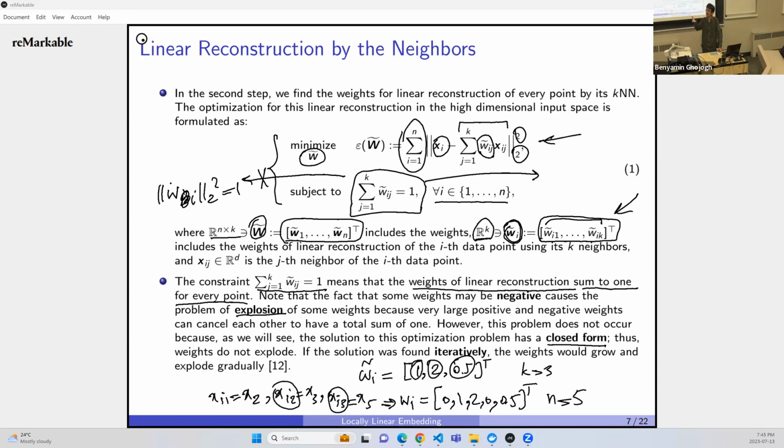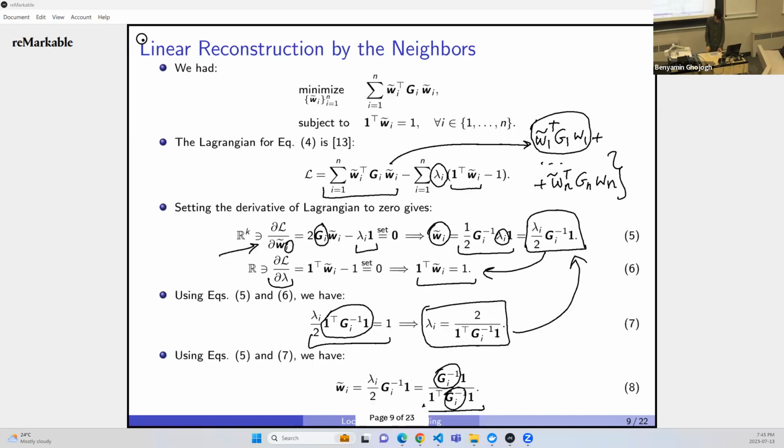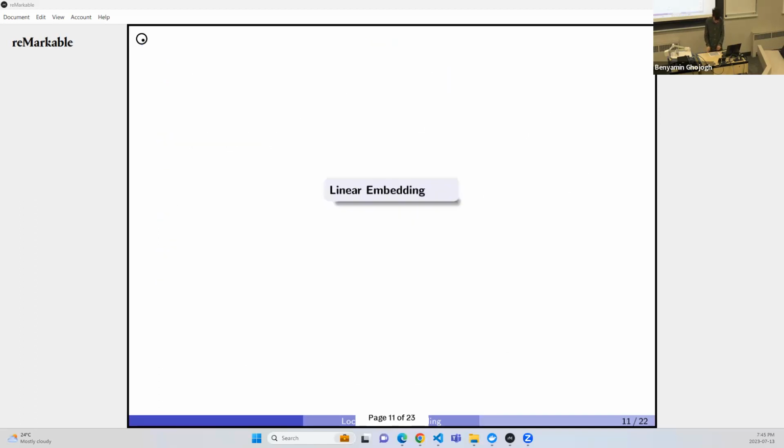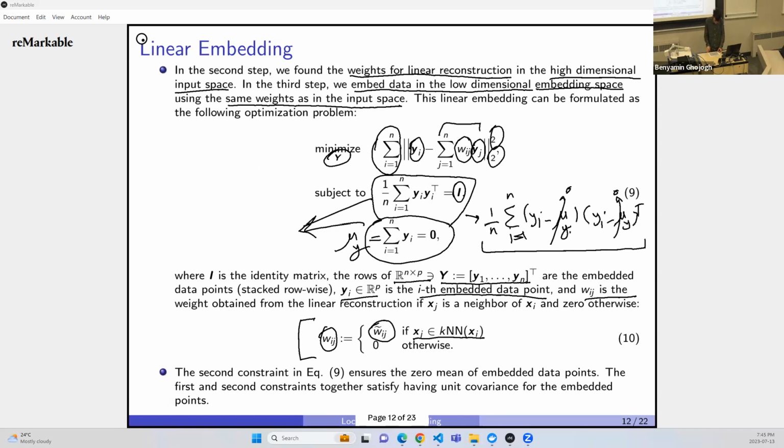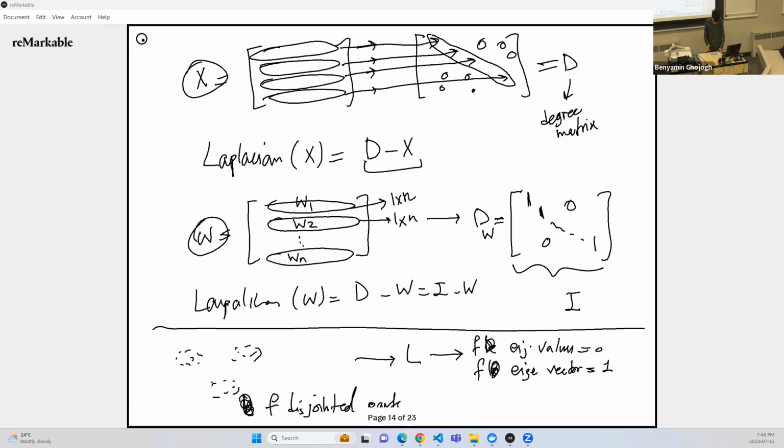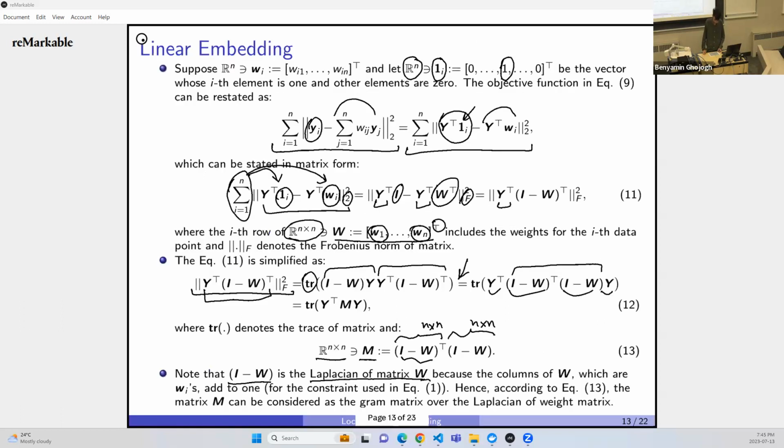I have a connected graph. How many parts does this graph have? One part, right? If I use this lemma, how many eigenvalues are 0? Therefore, for W, in our case, I have one 0 eigenvalue and one corresponding eigenvector, which is the vector 1. Okay, so that's one thing which we should note.